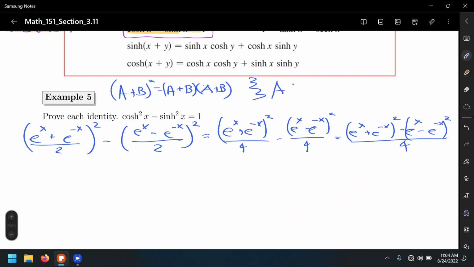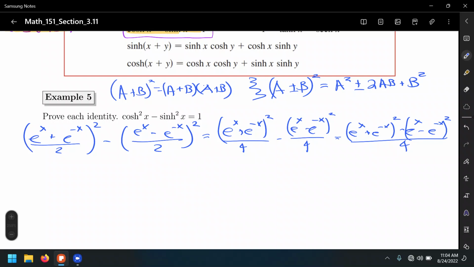When you have a plus or minus b quantity squared, we call this a special product or binomial squared. It's the square of the first term, plus or minus, depending on whether we have a plus or a minus, 2 times the product of the first term and the second term, plus the second term squared.